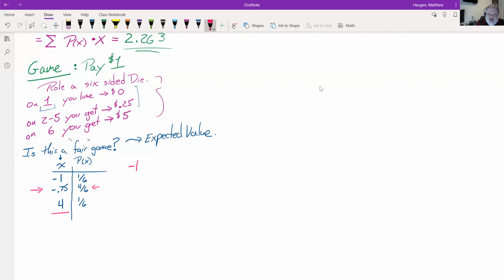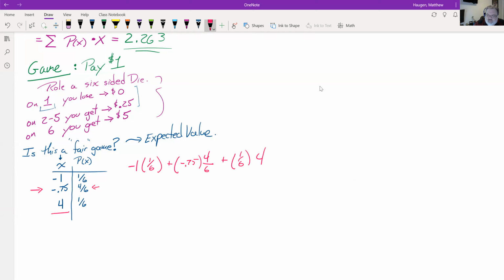So instead of adding them together and dividing by the 3, we're going to multiply them by their probabilities. The 1 out of 6 losing dollars we have, the 4 out of 6 losing 75 cents we have, and the 1 out of 6 winning $4 that we have.